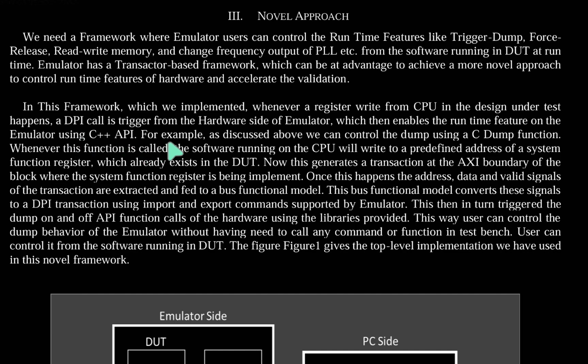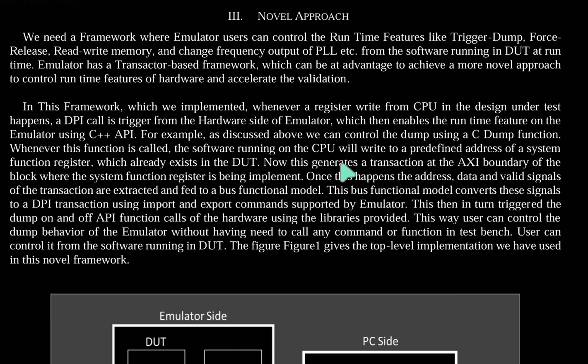For example, as discussed above, we can control the dump using a cdump function. Whenever this function is called, the software running on the CPU will write the predefined address of a system function register, which already exists in the DUT.